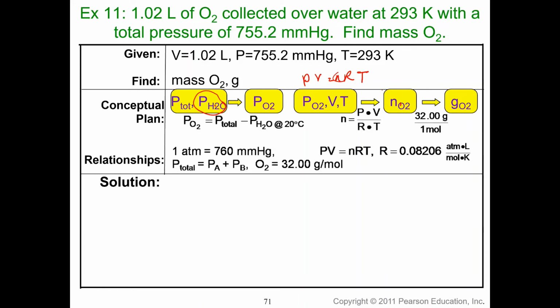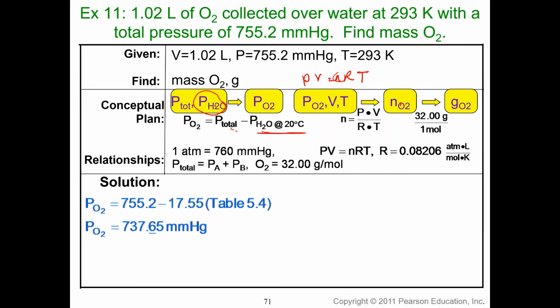So here we go, Dalton's law of partial pressure, and look up the water vapor pressure at 20 Celsius. Where did we get the 20 Celsius from? 293. If you subtract 273 from this, that gives you 20 Celsius. But it doesn't matter, because some tables have it in Kelvin anyway.